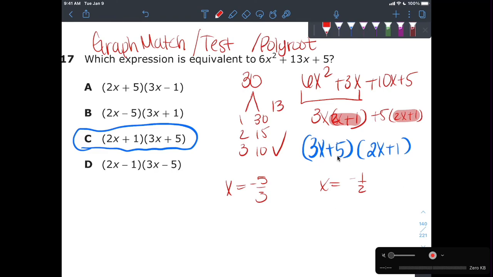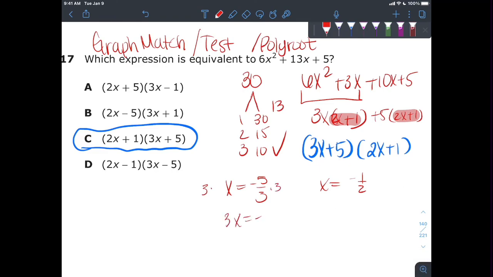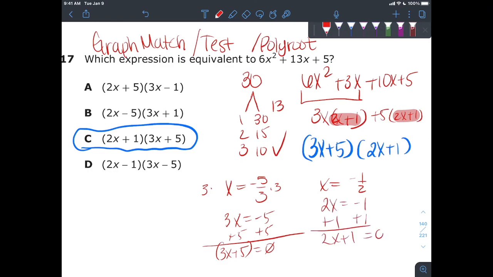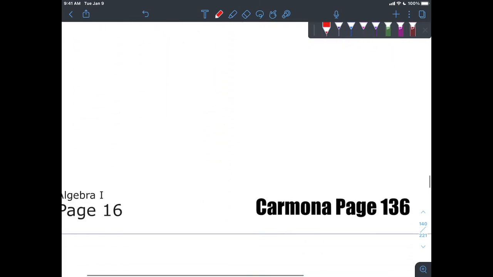From there, I can backtrack, and when I get it equal to 0, that is one factor. Two factors. So I proved it 3 different ways. All right, number 18.